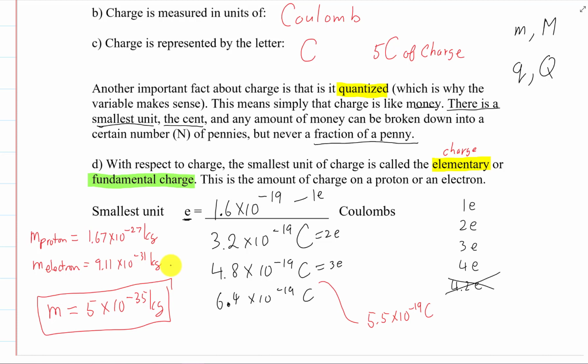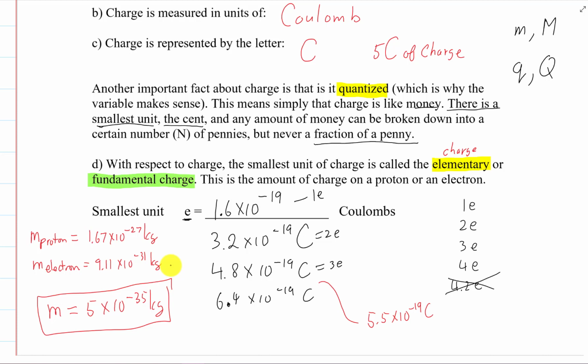So you can have something that has a mass of 18.22 times 10 to the negative 31st kilograms. It'd be 2 electrons.